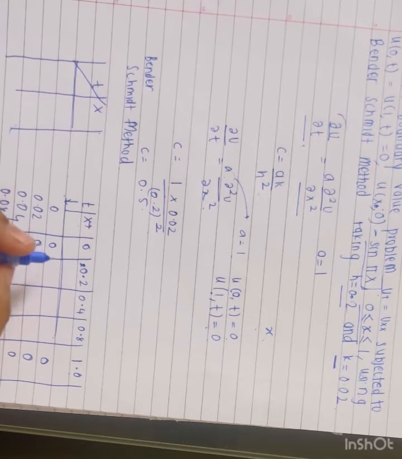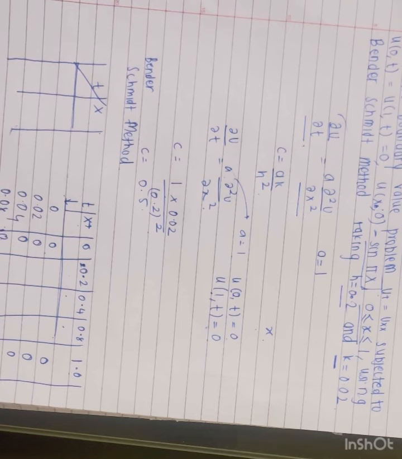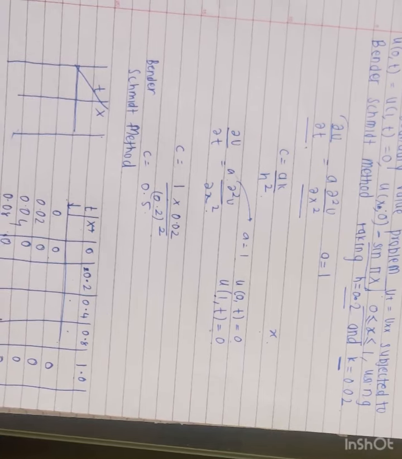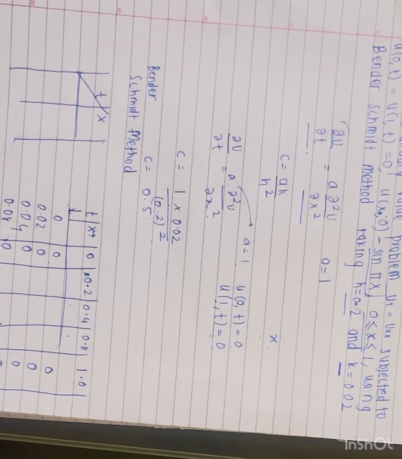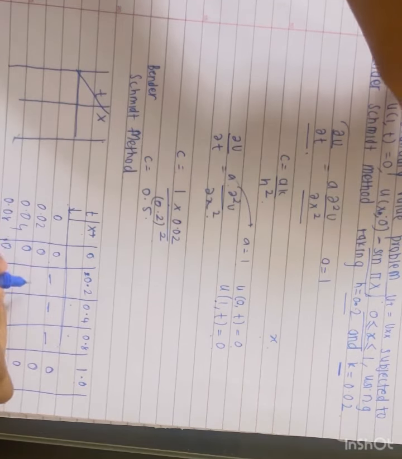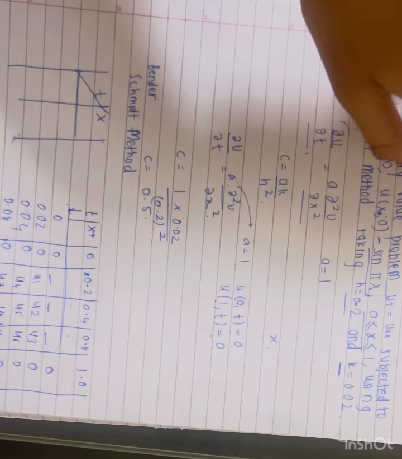Now for the values 0.2, 0.4, 0.6, 0.8, we use the equation sin pi x: we put x equal to 0.2, 0.4, 0.6, 0.8, and whatever values come, we put in the respective places. After that come u1, u2, u3, up to u12.